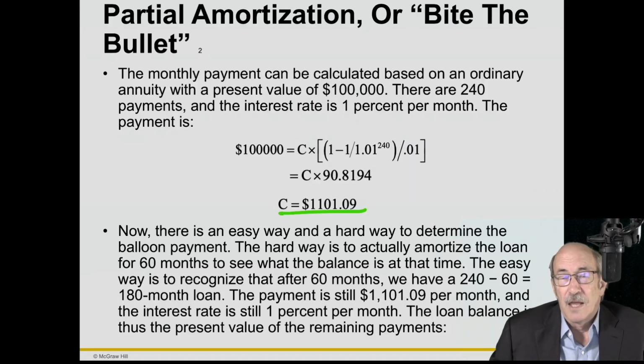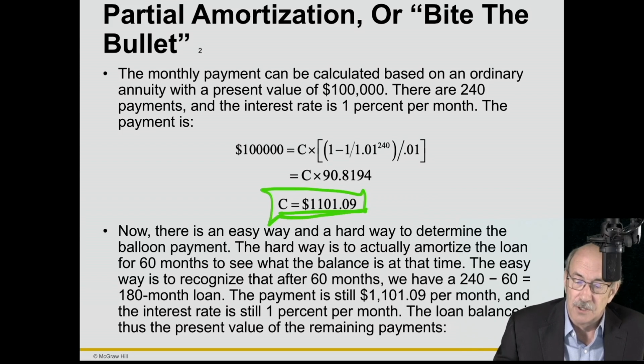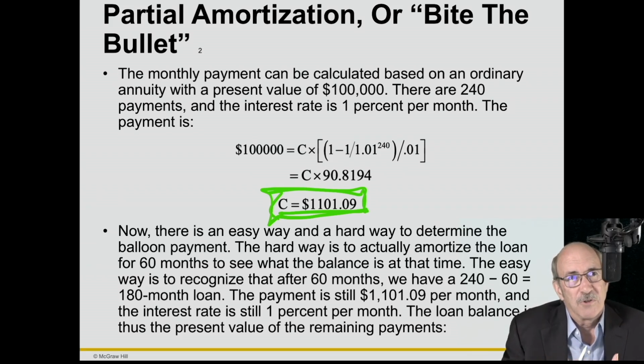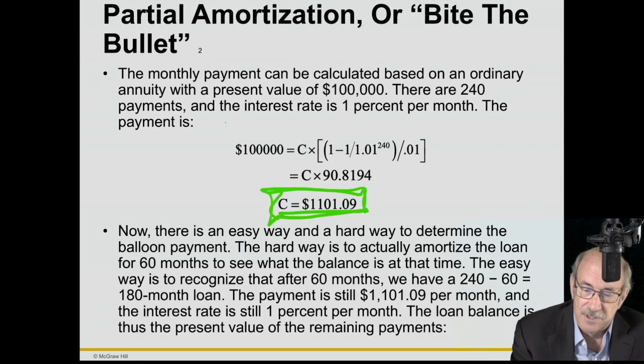Now, how do we figure out what's still due? Well, we know what the payment is for a 20-year amortized loan. So there's a very simple, actually quick way of figuring that out. Let's do this on a timeline so that you can better see this.